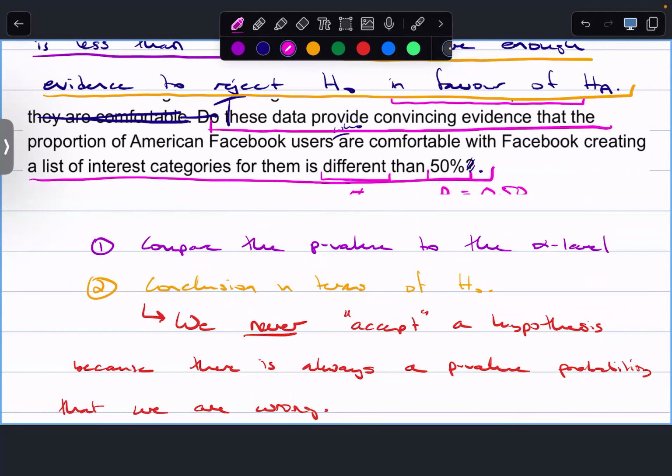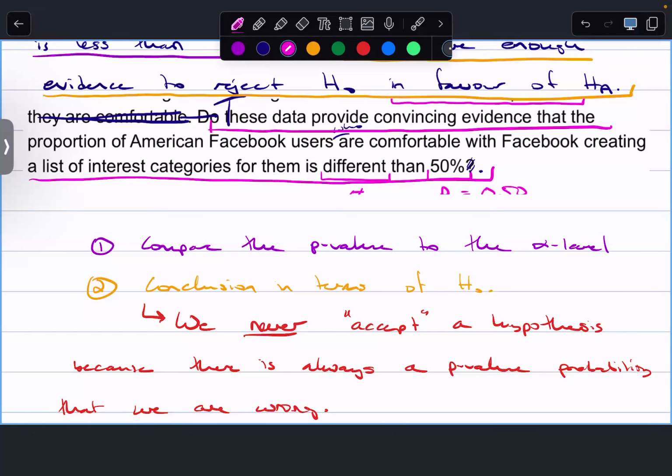Usually your conclusion is worth 3 marks, right? Because it has all these components. I'm not too concerned about you being able to do the math and stuff like that, so that's only 1 mark. Usually a hypothesis testing question is about 7 marks, so 3 out of 7 marks for your conclusion. It's a heavy hitter, right?